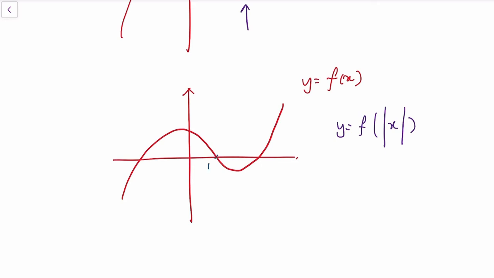Let's say this is 1, 2, 3, 4, and so on. This is -1, -2, and this is -3.